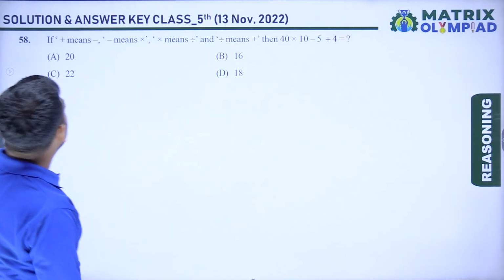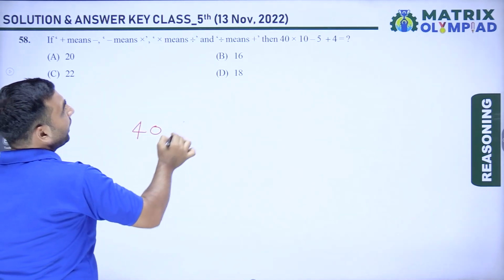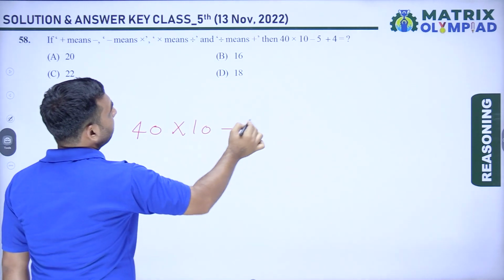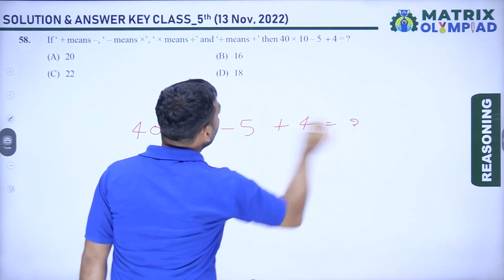Next question is, our equation is 40 into 10 minus 5 plus 4 equals what?